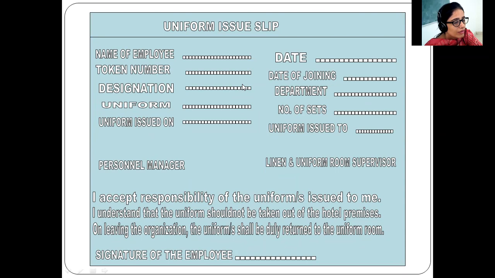In the housekeeping department, in the hotel, we can't take any kind of things out of the premises, right? Hotel items. So we have to take the signatures from the employee that he should not take uniforms out of the hotel premises, right? So we have to take the signatures of the employees.